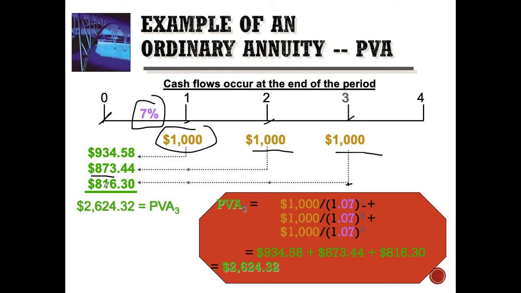Where does it come from? It comes from 1000 per 1.07 to the power of 3. So the present value annuity is the total of these. The result is $2,624.32.